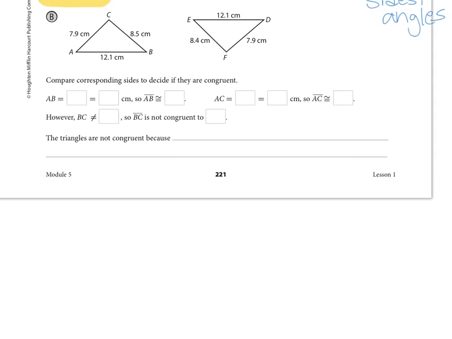We're trying to determine: are they going to be congruent or not? So we're going to compare corresponding sides. They've taken AB first. As you can see, AB is the longest side, so let's compare that to the longest side of the next triangle. Those are both 12.1 centimeters, and so that means that AB is congruent to DE.